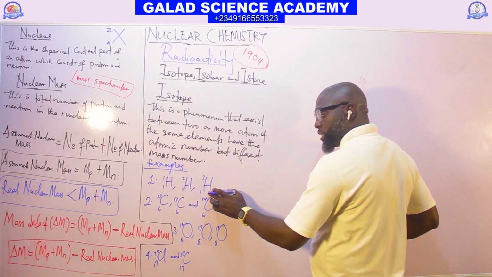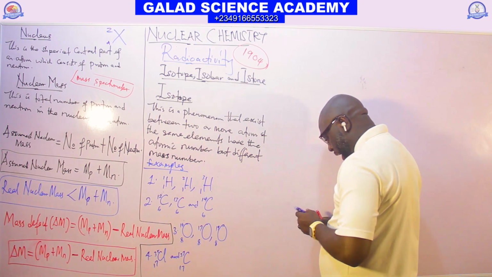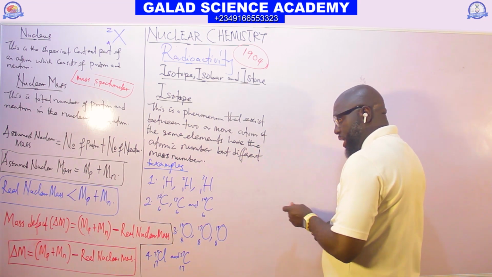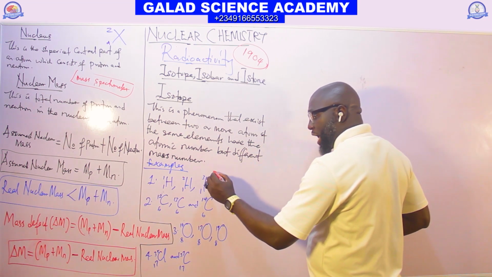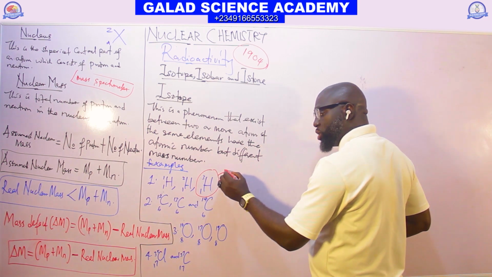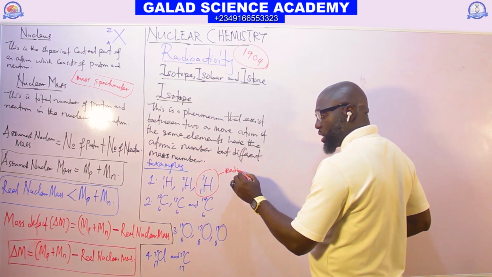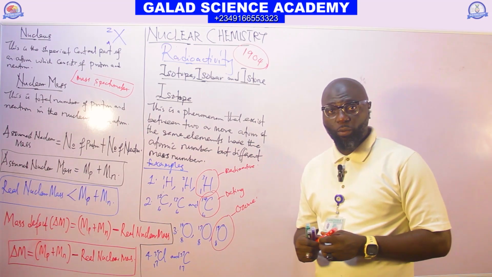Look at this one, this hydrogen here, tritium. This hydrogen we have here is a radioactive isotope. Let me give you one more example.